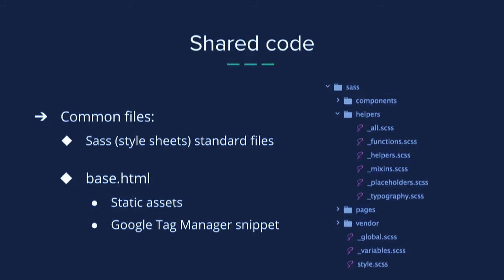And this way, we believe that developers will know the responsibility of each file, and each piece of front-end code will have an unambiguous location. We also include the base HTML file and things like a Google Tag Manager snippet, because this is something clients always require. So we thought, why not just have it in the project starter? And I believe the HTML5 boilerplate also has, I think, a Google Analytics snippet.